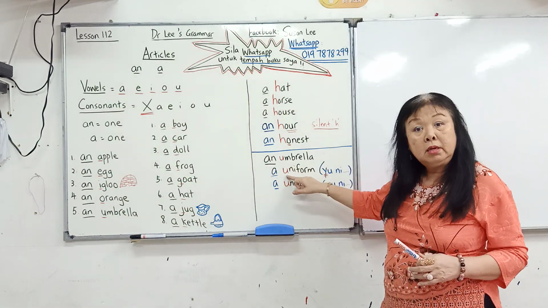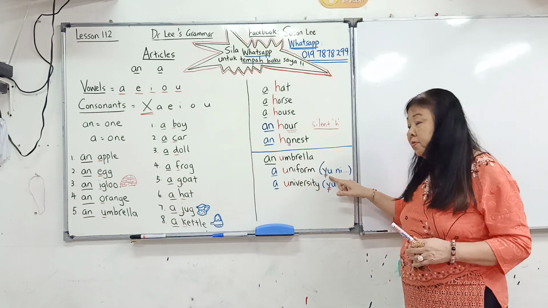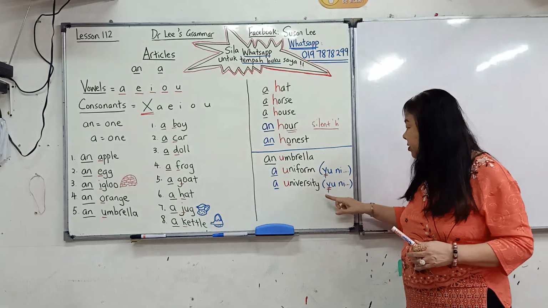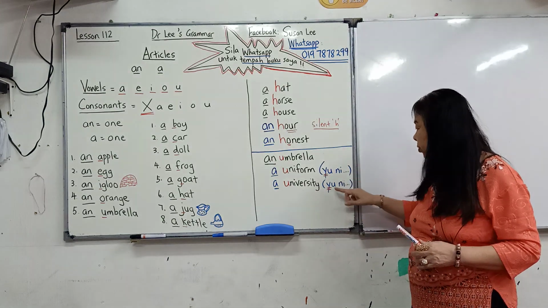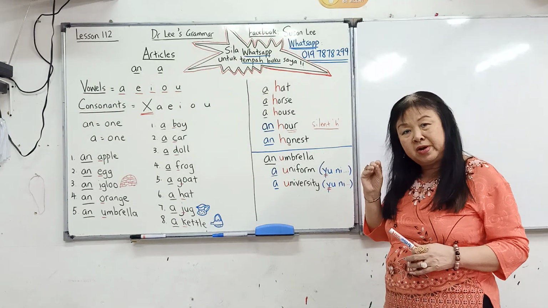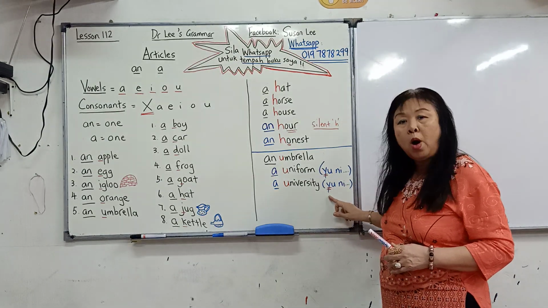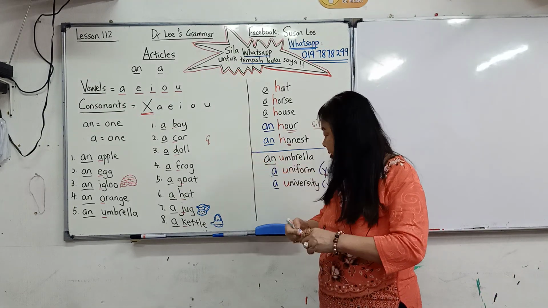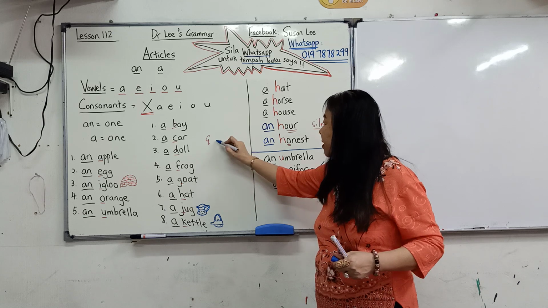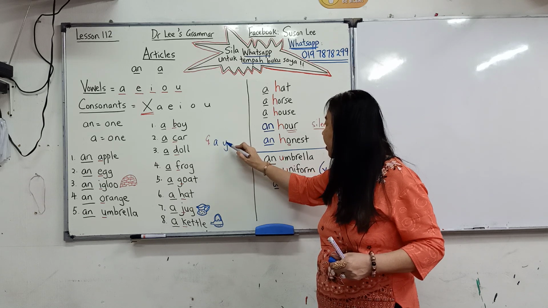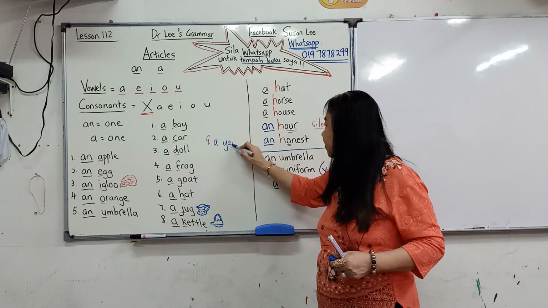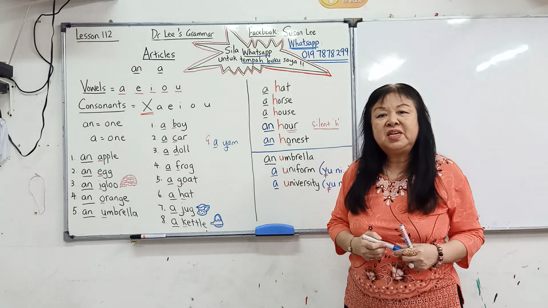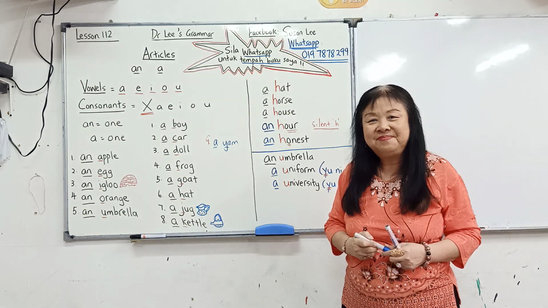But uniform, because the pronunciation is Y-U. University, Y-U. Uniform, university. Because of the pronunciation, which starts with Y. For example, Y, yam, or some people say yum. I should say yam.